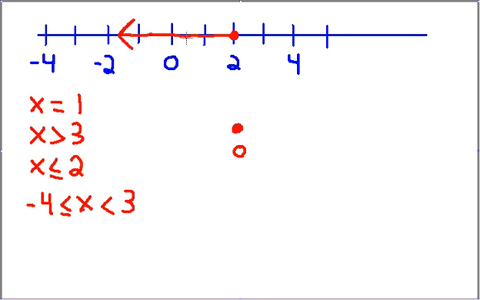That arrow indicates that this solid line goes on forever in that direction. So here we have the graph of x is less than or equal to 2. Go ahead and remove that.